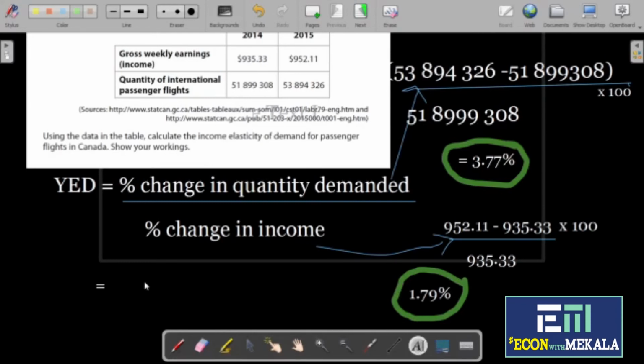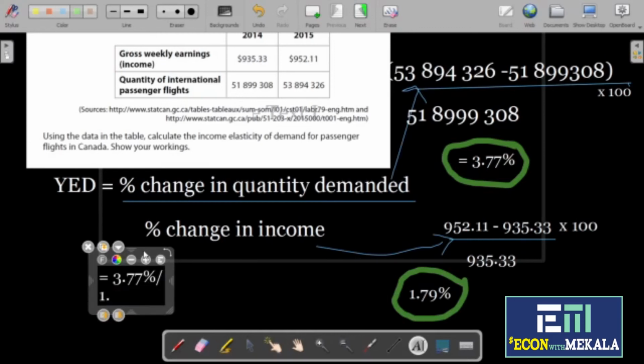Next, we need to apply this information into our YED formula and find the final answer. So that is 3.77 divided by 1.79.